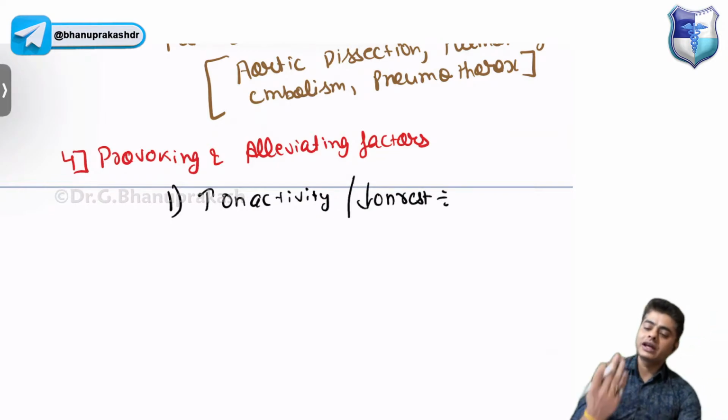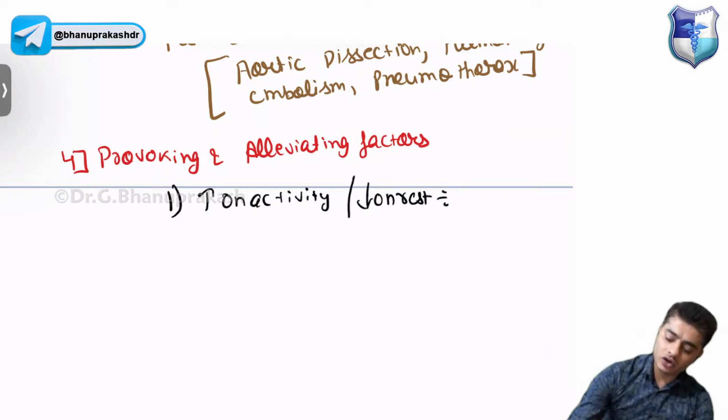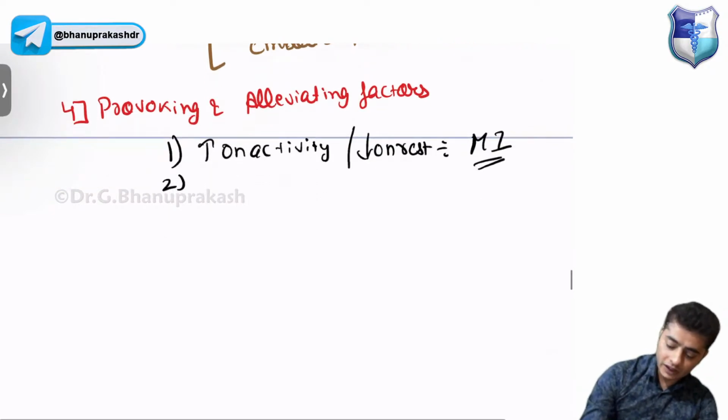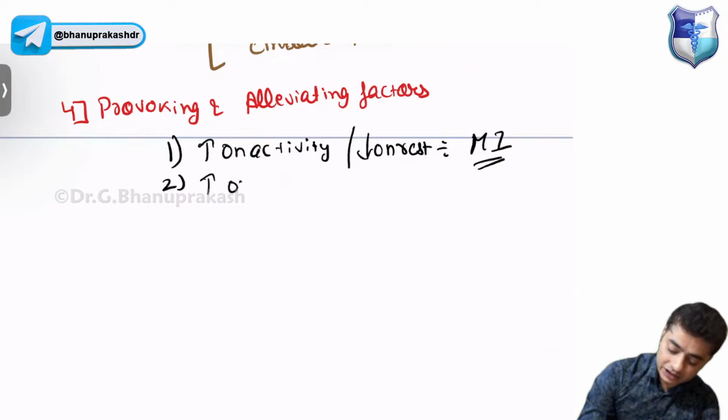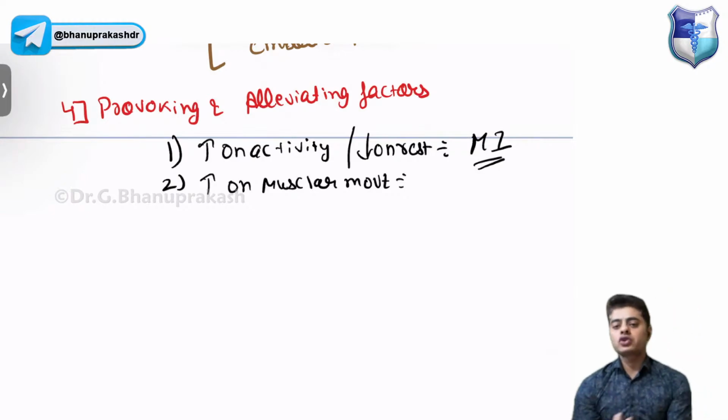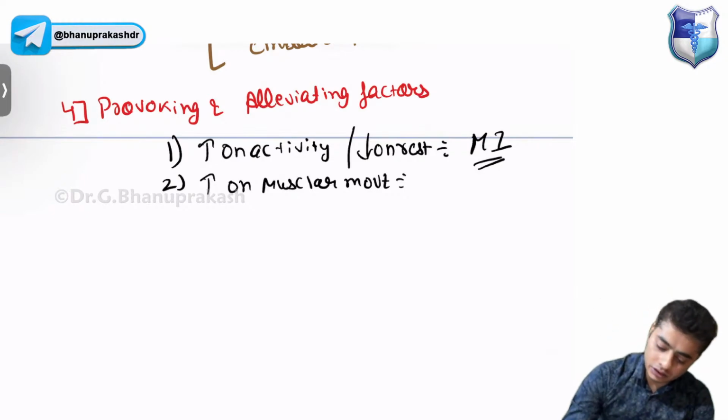Which pain is this? This is your MI. Okay. Second is a pain which increases on muscular movement. Which is this pain? Any musculoskeletal abnormality.